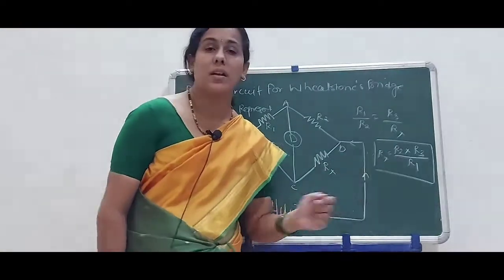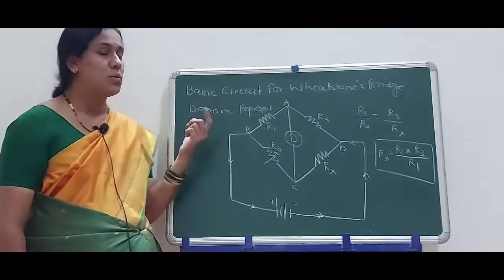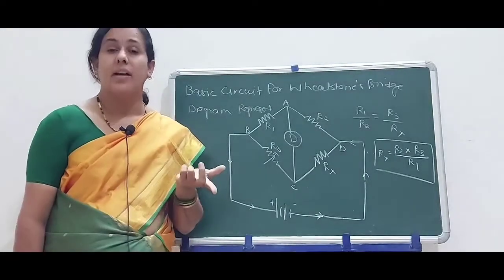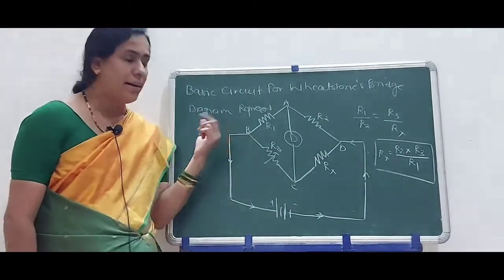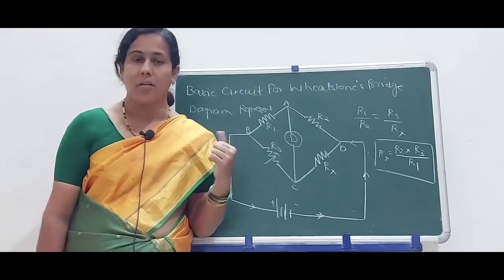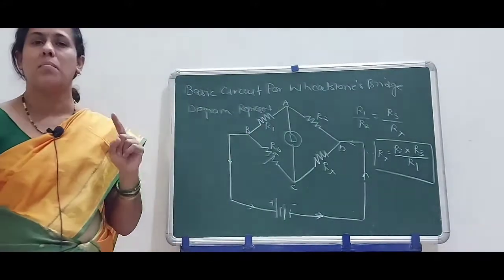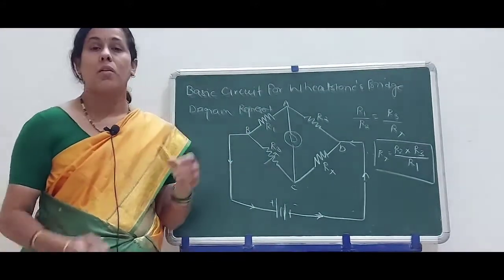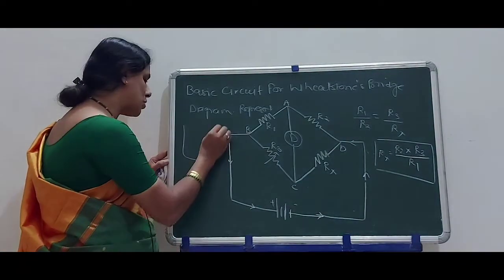Now there are some problems with using a direct AC circuit, alternating current or DC circuit. What are the problems? We have to take the test solution.